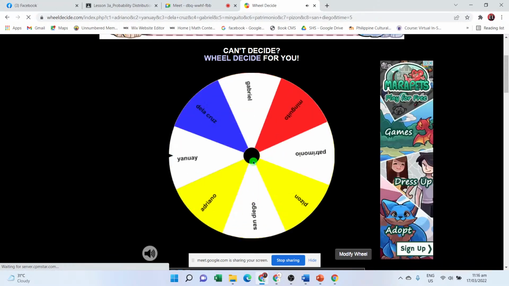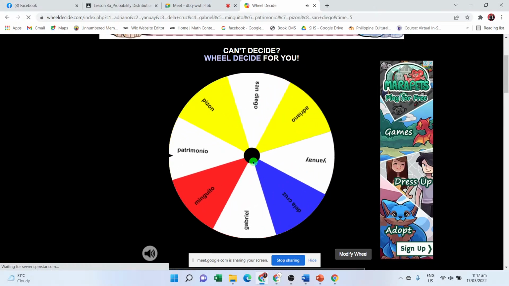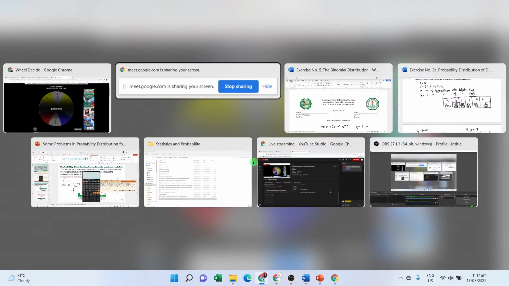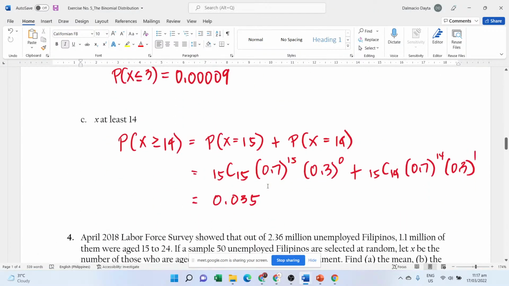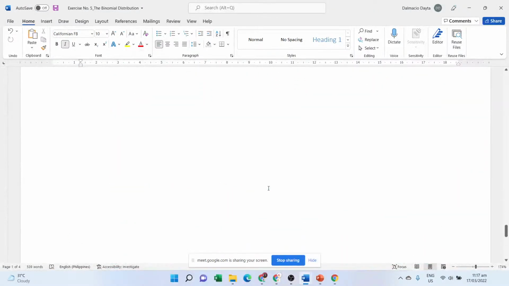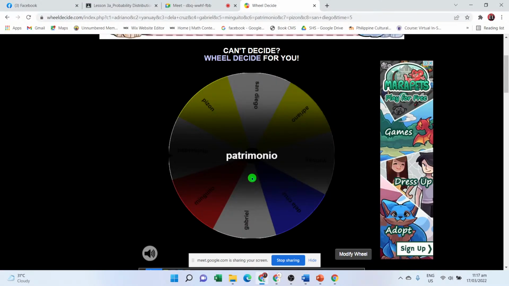The first one. Patrimonio. Patrimonio. Ulat ko lang baka makalimutan ko eh. Ano ba yung susulat dito sa exercise number 5? Pag nakuha na, hindi na pwedeng maulit ha. Hindi ko alam paano burahin eh. Patrimonio. Next one.